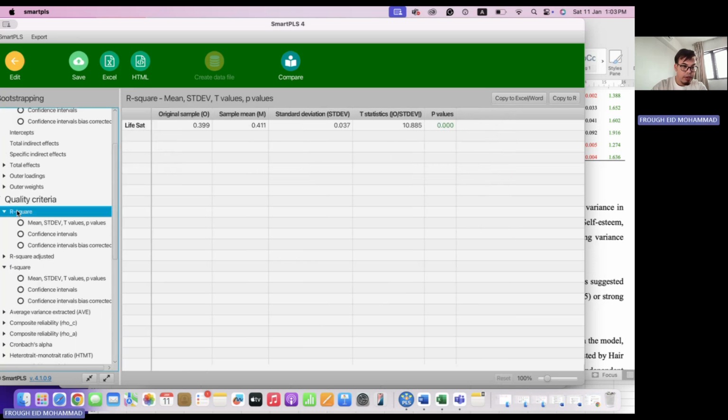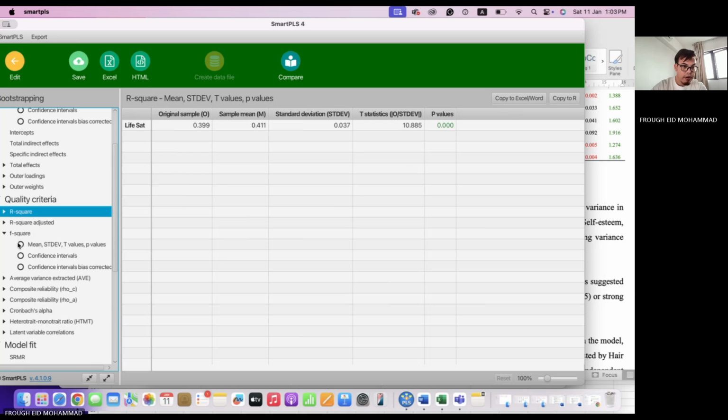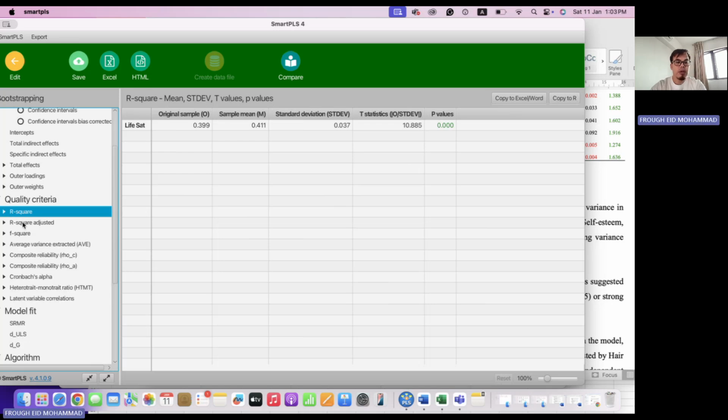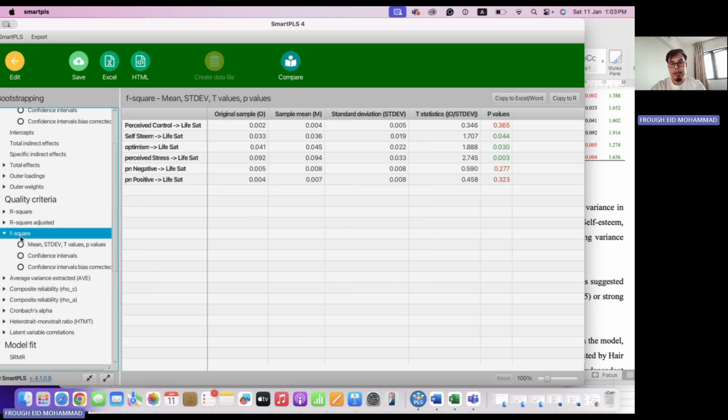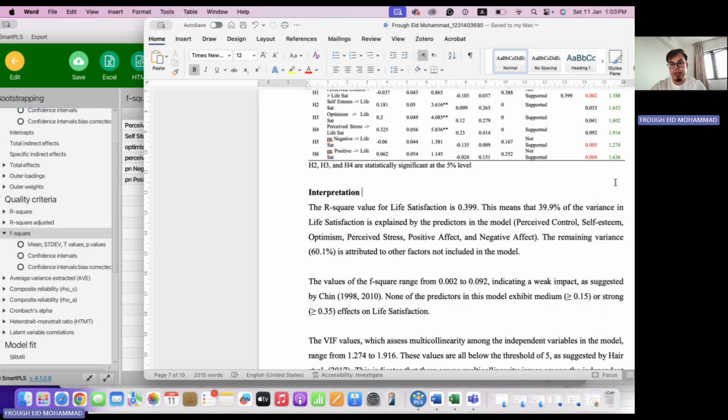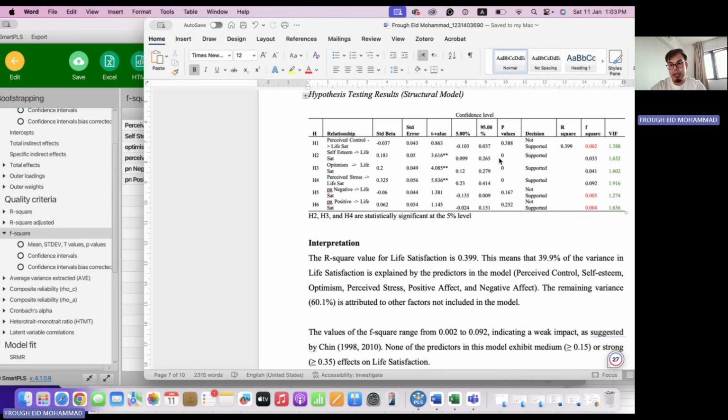This is a big mess here. Yeah, here, R square and F square. So this is the value for the R square, and this is the value for the F square. Both of them are inserted or provided here.